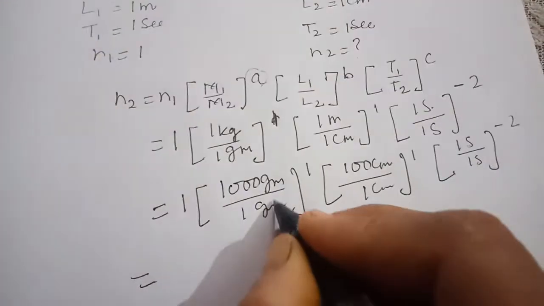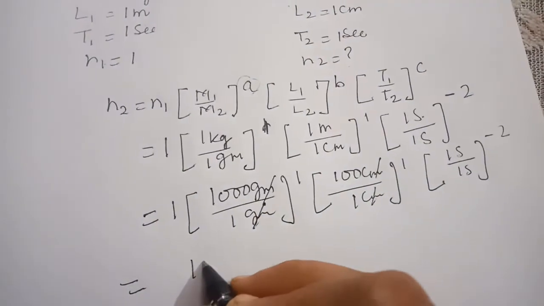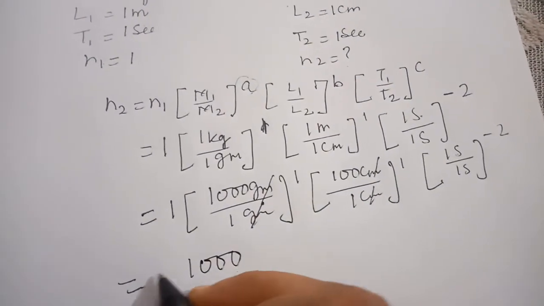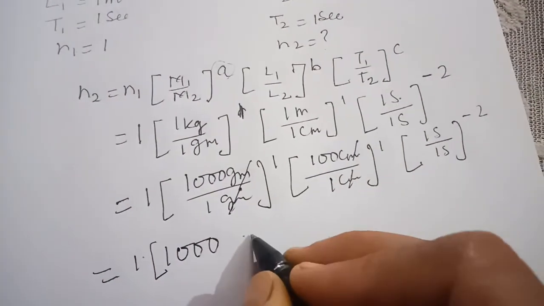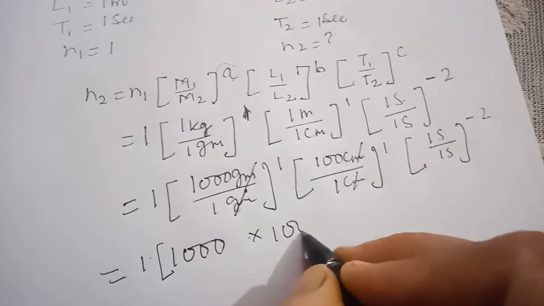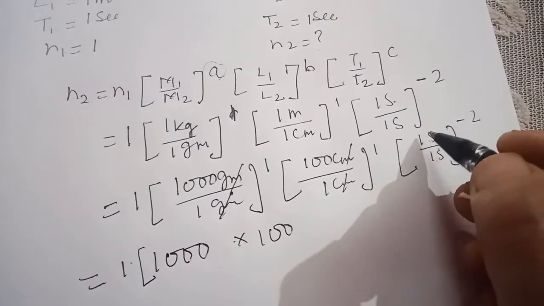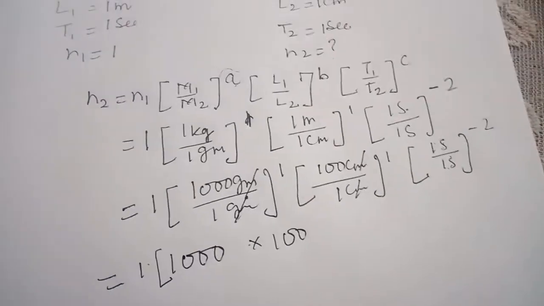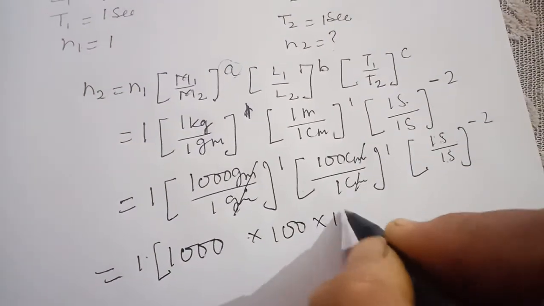Now see, gram cancels, centimeter cancels, so this comes out to be 1000 and 100, and 1 second upon 1 second is 1, and 1 to the power minus 2 is equal to 1.